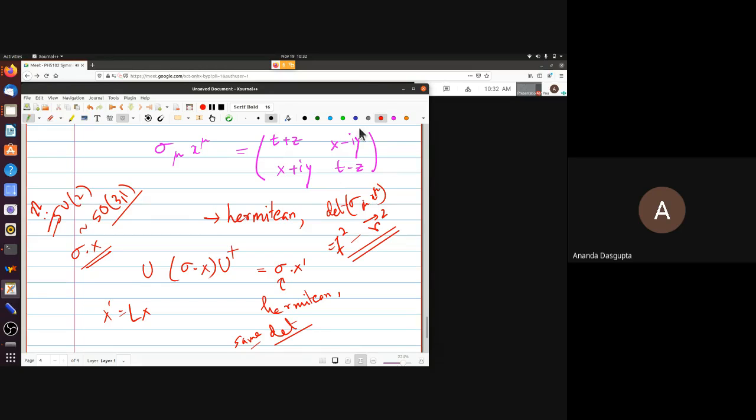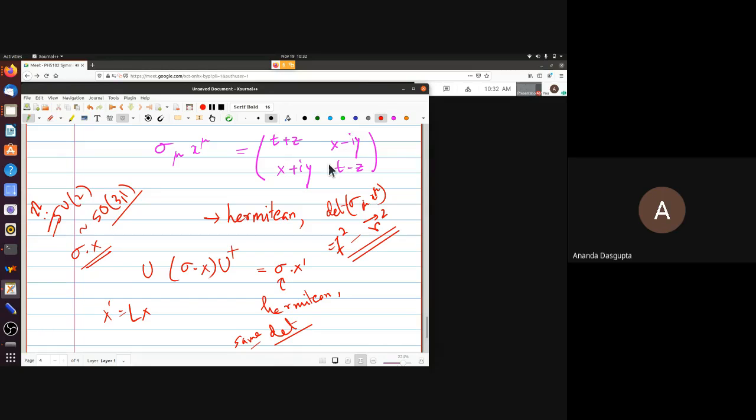The off-diagonal elements have to be complex conjugates of each other, and any pair of complex conjugate numbers can be written down like this. And the diagonal elements have to be real, and any pair of real numbers can be written down as a plus b and a minus b. So any Hermitian matrix can be written down like this.